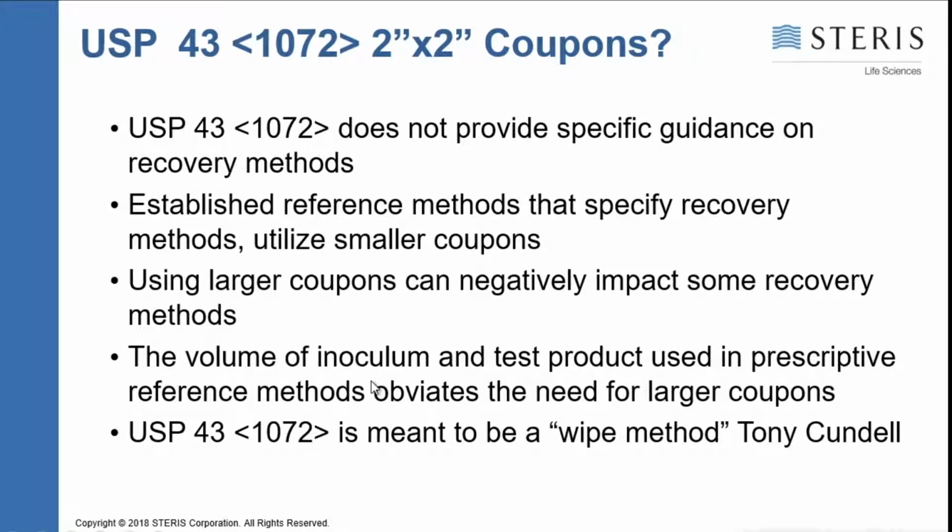I've seen sites that get these very large coupons that are 2 centimeter by 2 centimeter, and they will use what we call stomacher bags, these big bags, put them down inside, and it's hit with little paddles to get recovery from them. That method is actually used in the food industry. So it's not a very good method to use in our industry, and that is because you get recovery problems from it.